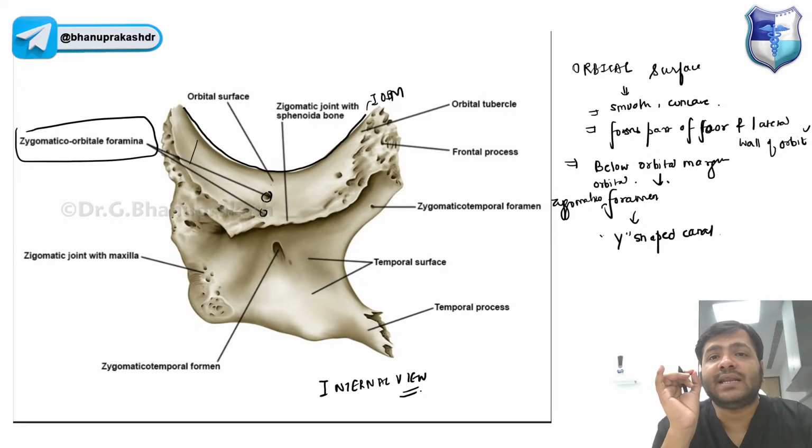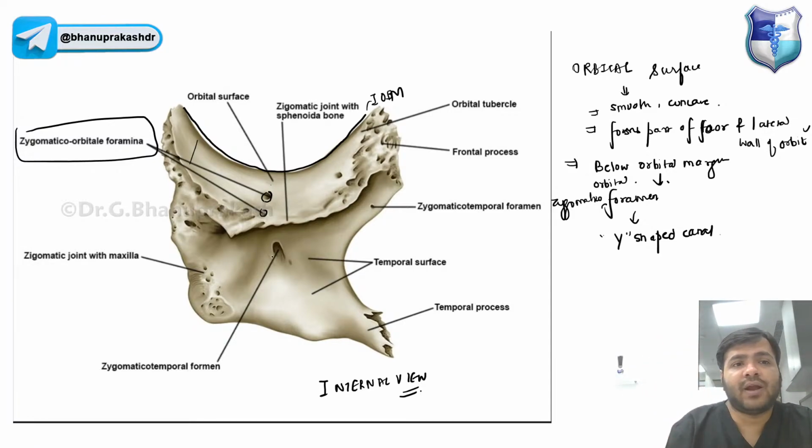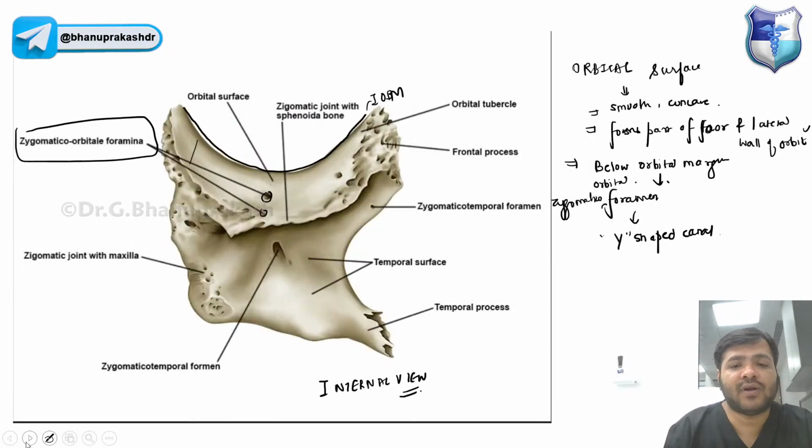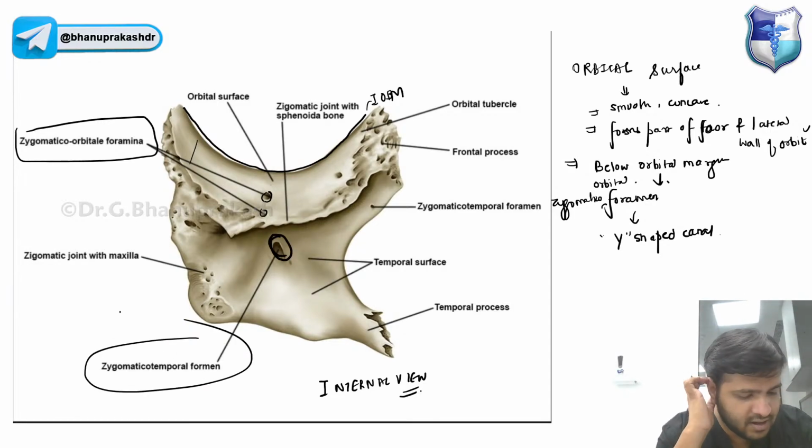One limb will be opening in the front, in the form of the zygomatico-facial foramen. Another will be opening onto the posterior surface, and that is called the zygomatico-temporal foramen.